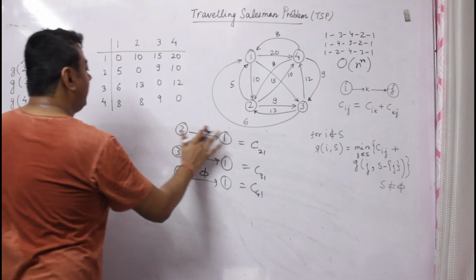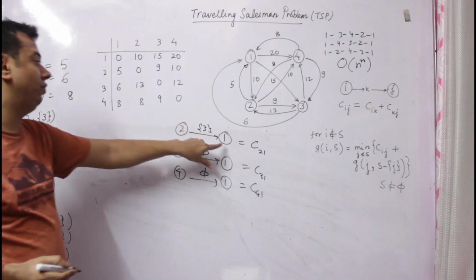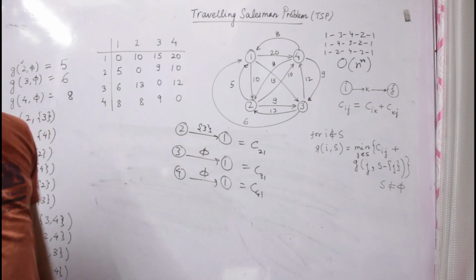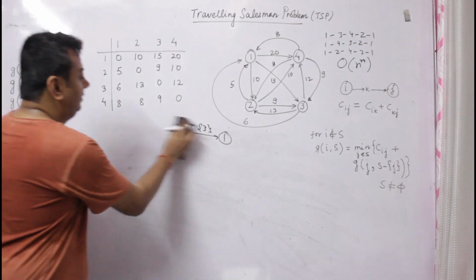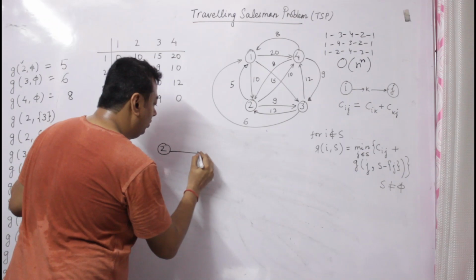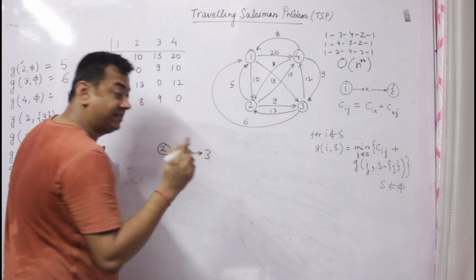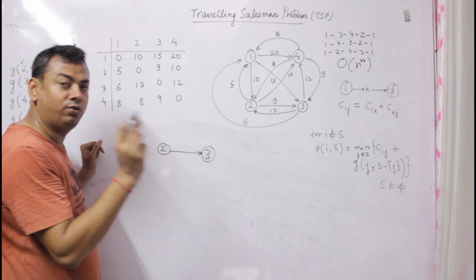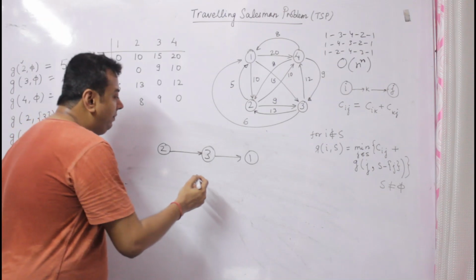Now next is G(2, {3}). In this case you are at 2 and you have to go to 1 via intermediate node 3. Since the only node in that set is 3, I am denoting it as just a node.